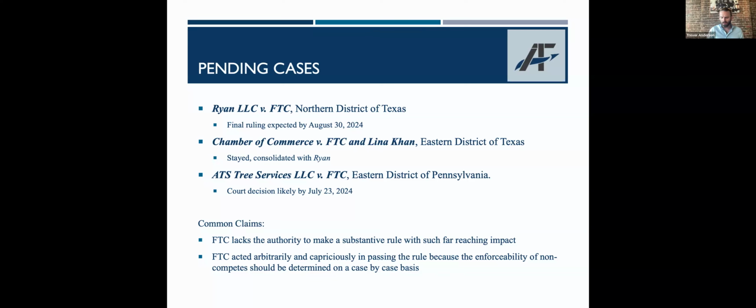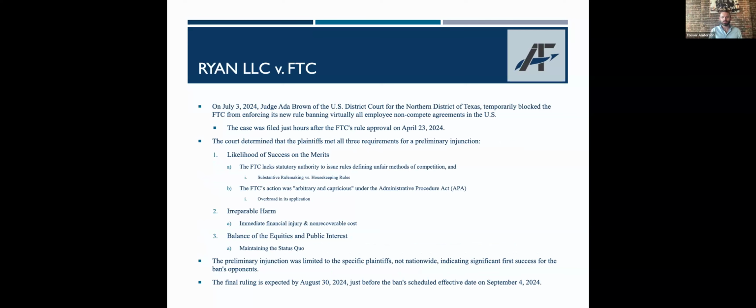Okay, so keep that in mind, because the Ryan court actually released an interim order, which is annoying for its own reasons, but hey, that's the way it works, on July 3rd, where the judge actually agreed with Ryan.